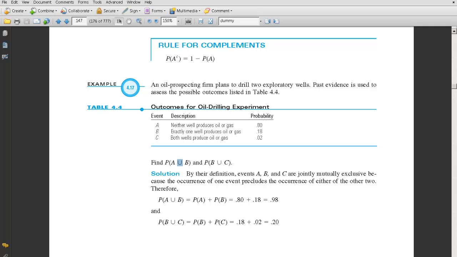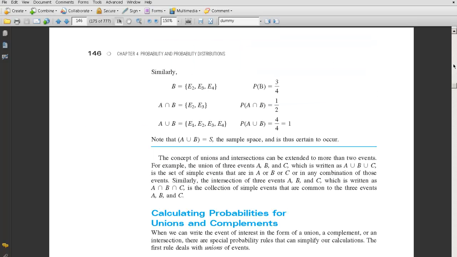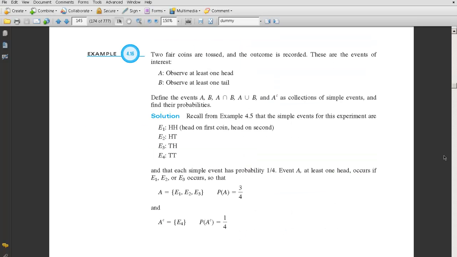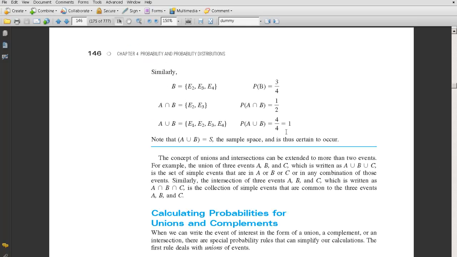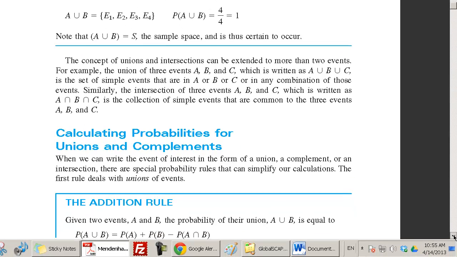So let's go back and look at the rules that they come up with and then see how they will be used here to get the answer. So, where is it? Okay, here. Calculating probabilities for unions and complements.